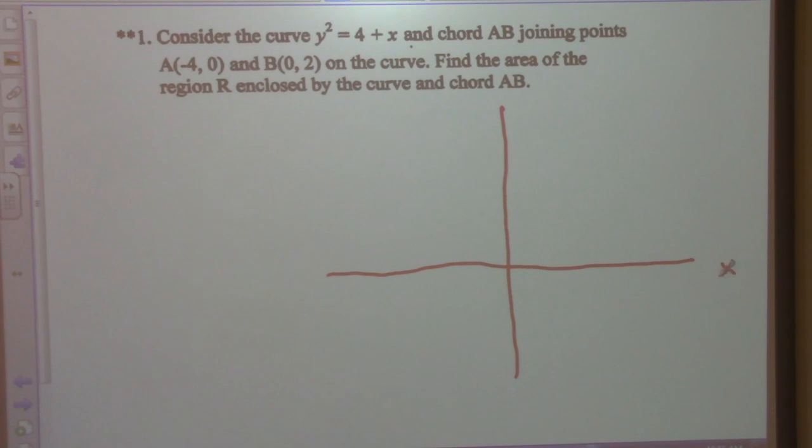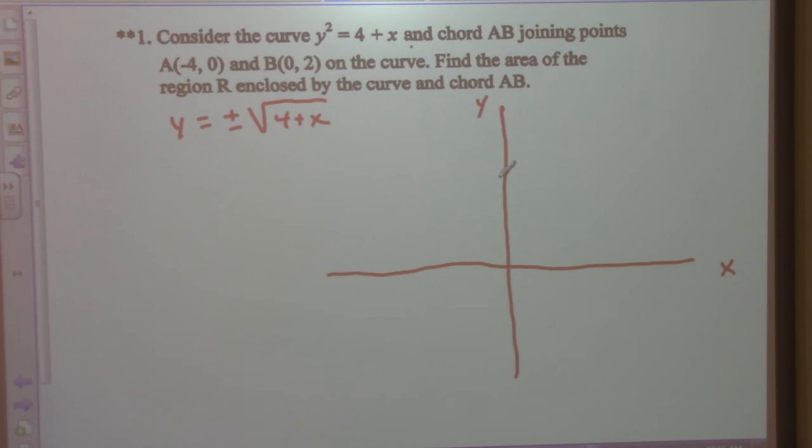Here's x, here's y, and we have y squared. How can we solve this equation for y? Take the square root of both sides. y is going to be equal to plus or minus the square root of 4 plus x, right?